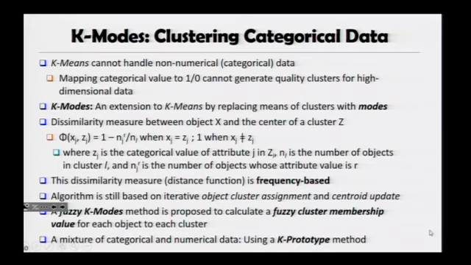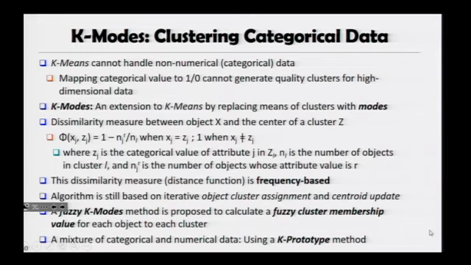It can also be extended to handle both numerical values and categorical values in the data points. Think about a product: you not only have its function, you also have some specifications, like the dimensions, the battery life, and so on. It's very natural to see both kinds of data appear on the same data objects.